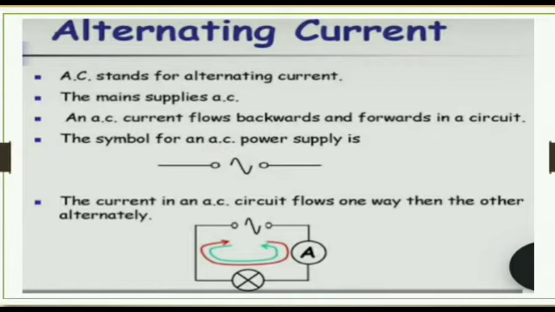The current in an AC circuit flows one way and then the other. This is the ammeter, connected to the AC circuit.